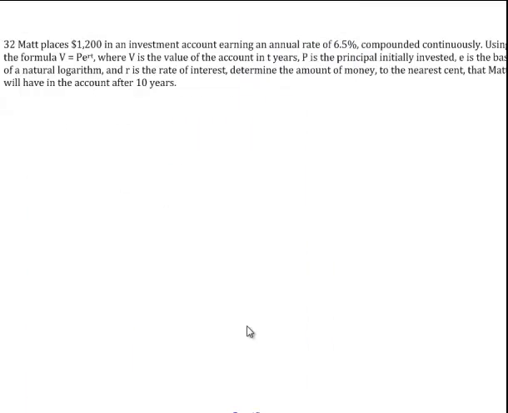For this one, the first thing I see sticking right out is a formula. So I'm going to take that, V equals P times E raised to the R times T. So I've got some numbers here, 1200, I've got a rate, and I've got a time of 10 years. Alright, so they should be easy to put in.